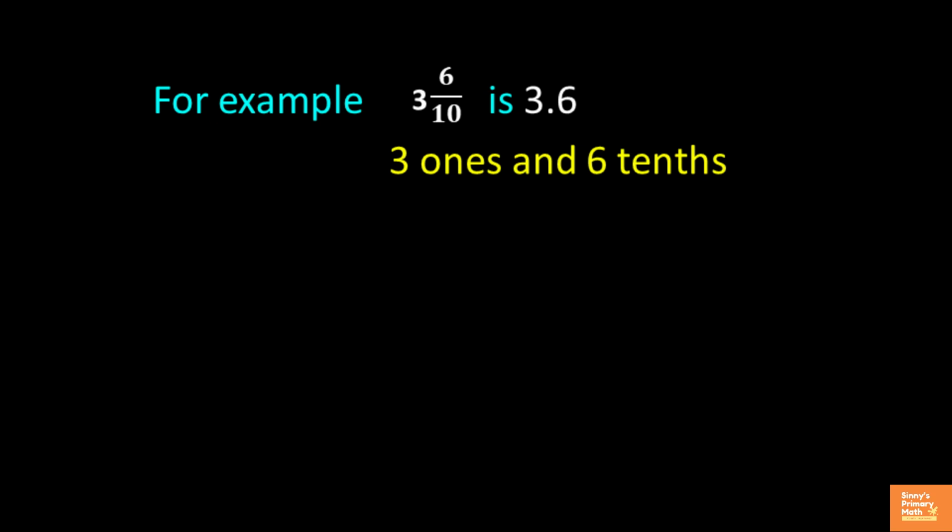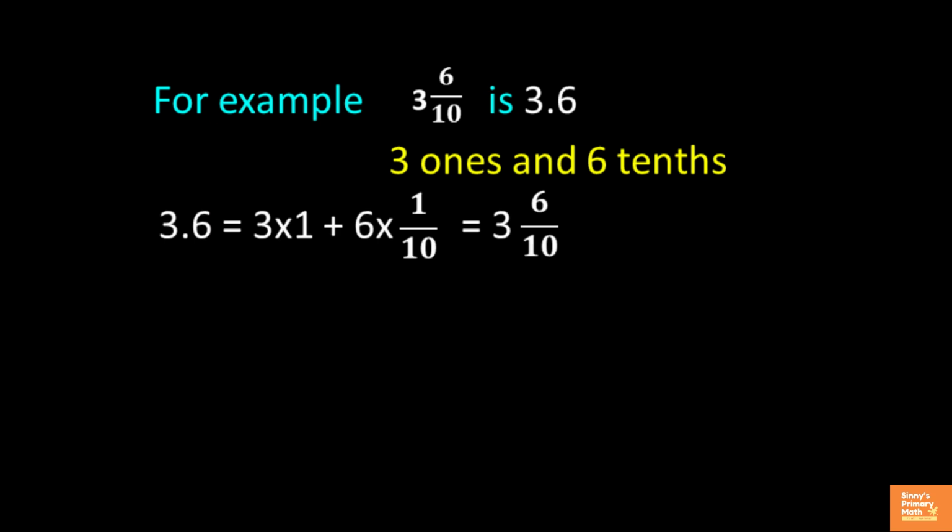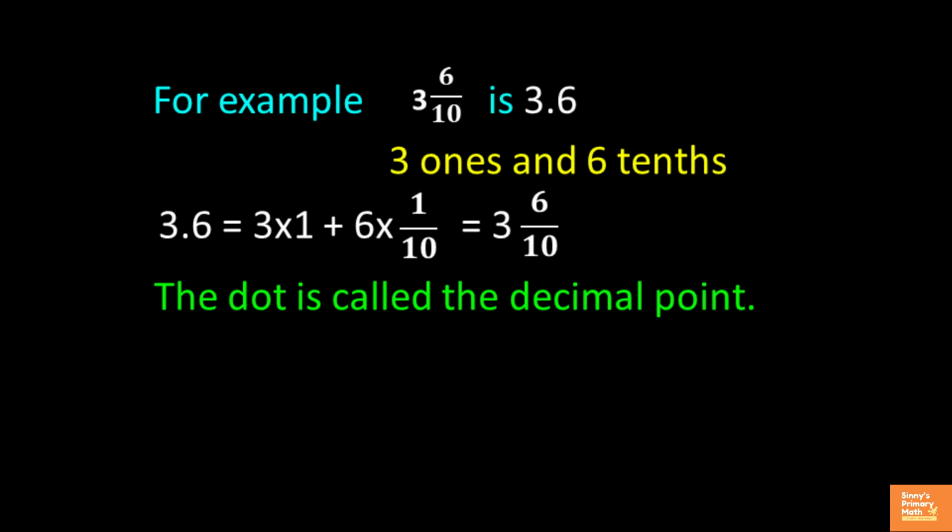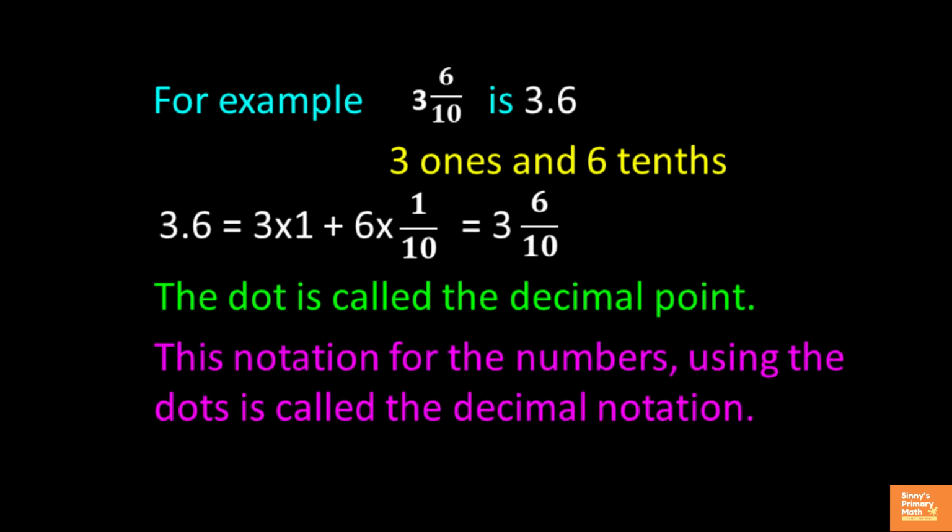So, 3.6 equals 3 into 1 plus 6 into 1 by 10, equals 3 6 by 10. The dot is called the decimal point. This notation for numbers using the dot is called the decimal notation.